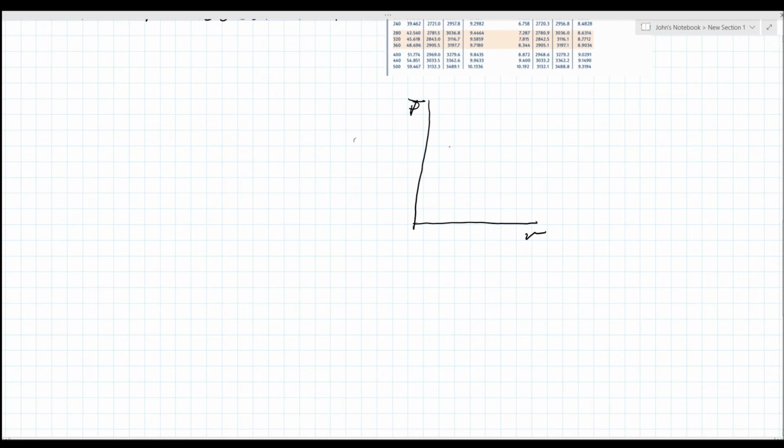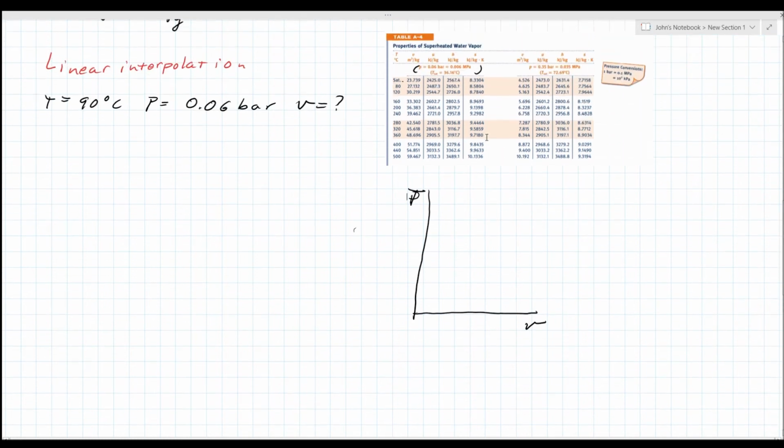So I have here a specific volume, 30.219 at 120, and here 27.132 at 80 degrees. I can draw a line here, and I can ask what that value is. That is linear interpolation: simply creating a point, creating a line, finding your point on that line.